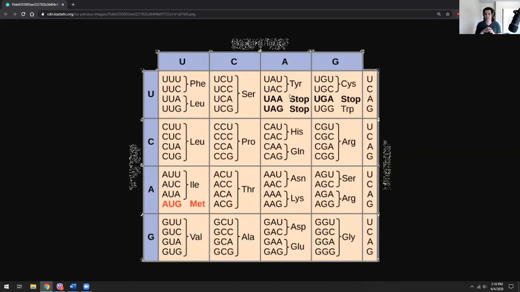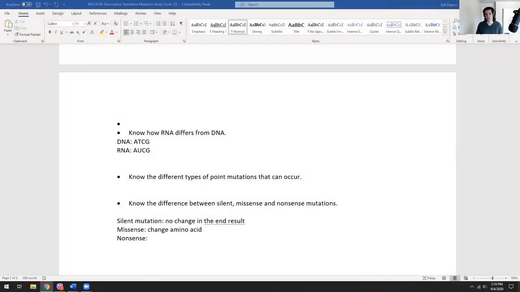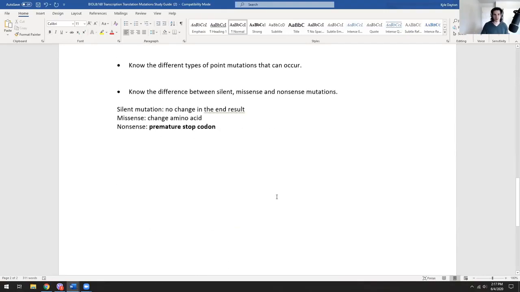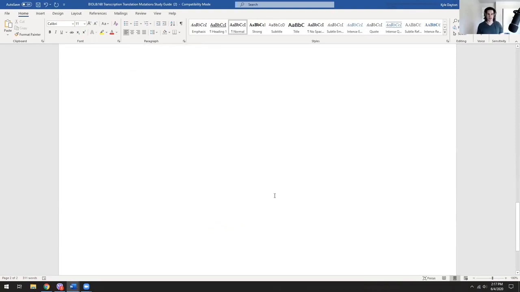So instead of creating a new protein by just swapping in a new amino acid, what we've done is we've created an early stop codon. So you stop producing that peptide. Premature stop codon is the key term you're going to look for. Premature stop codon would be nonsense. Okay, so that's that.